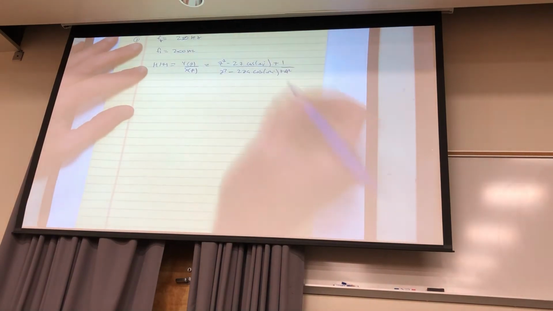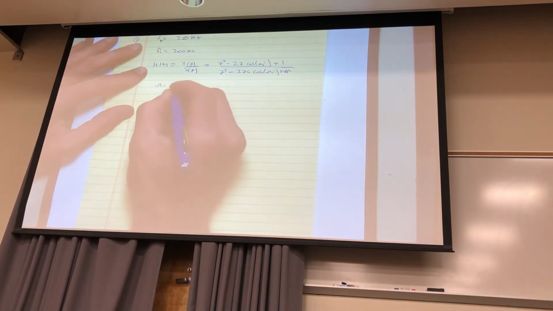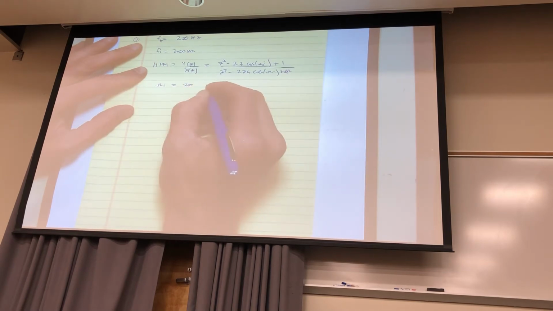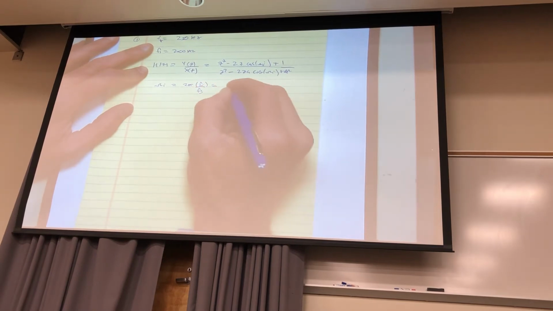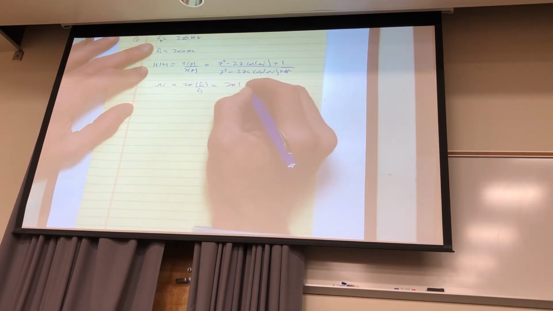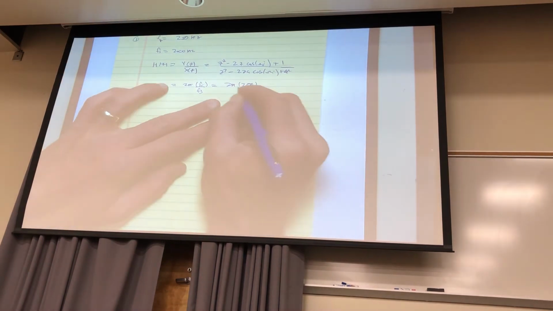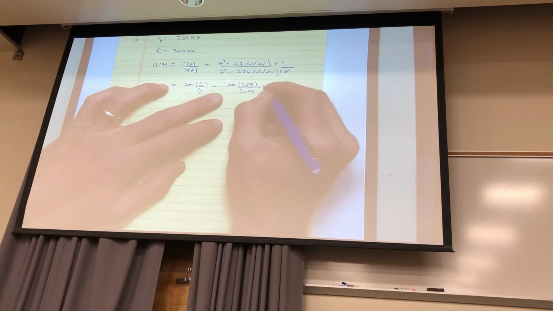And omega I was 2 pi times F_R over F sample, so that's 2 pi times 250 divided by 2,000. So that's pi over 4.